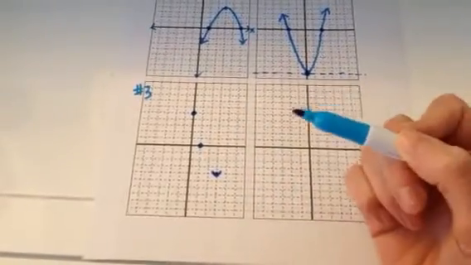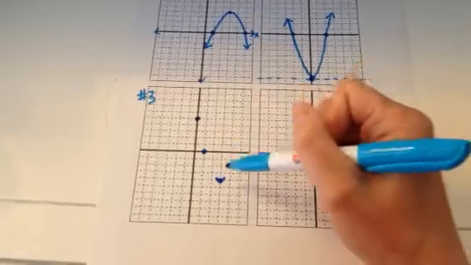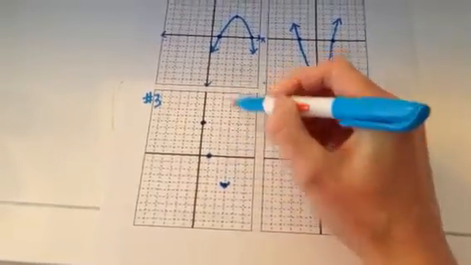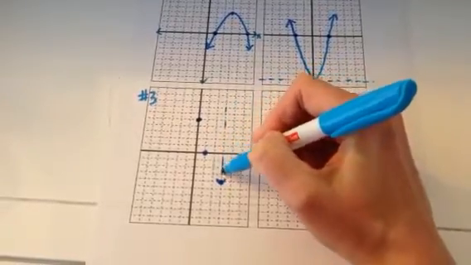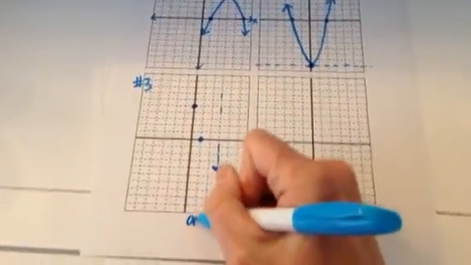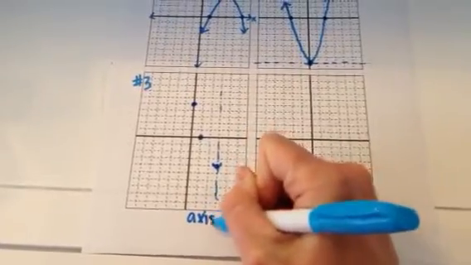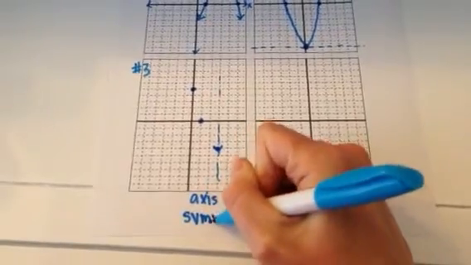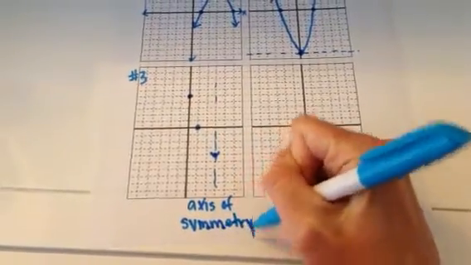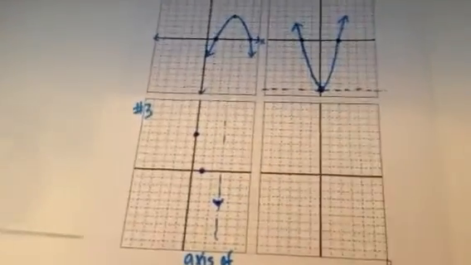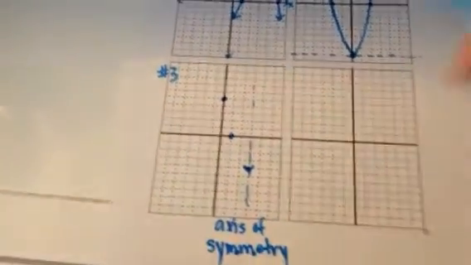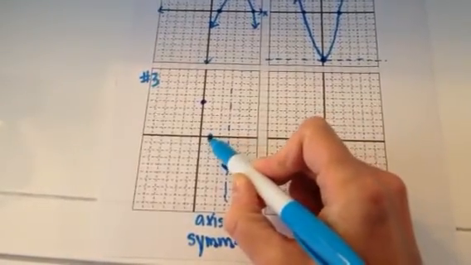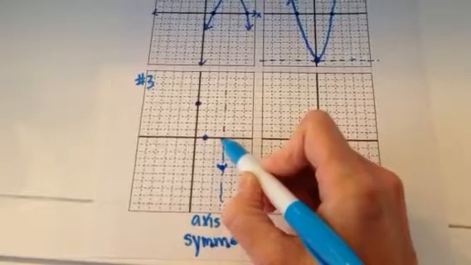Once again, because parabolas are symmetrical, the vertex will be right at the axis of symmetry. If this is where the axis of symmetry is, then we know the other x-intercept will lie exactly the same amount on the other side.